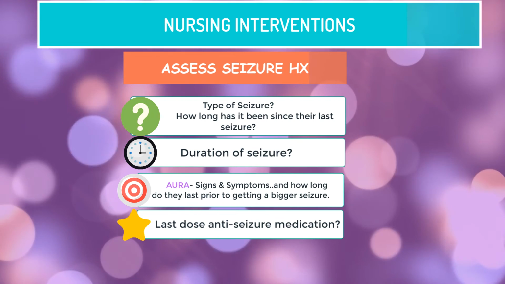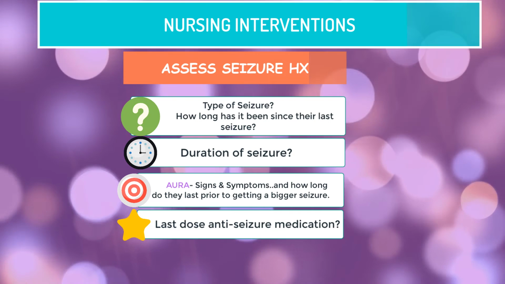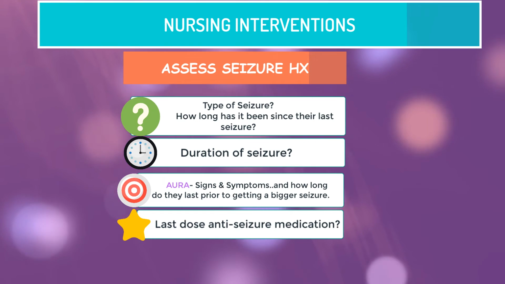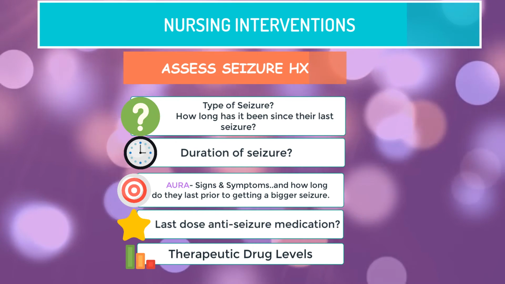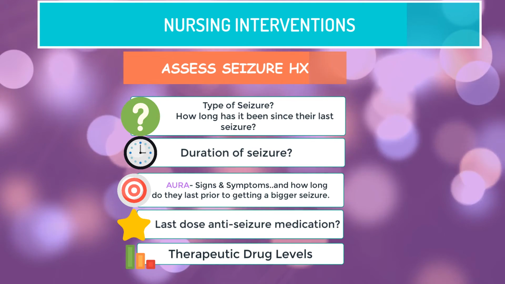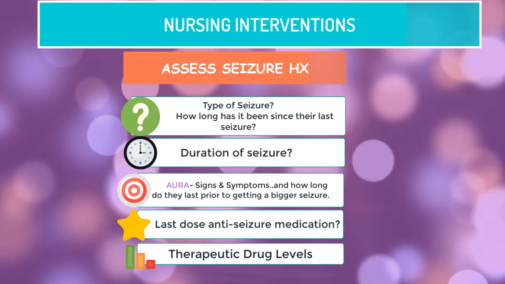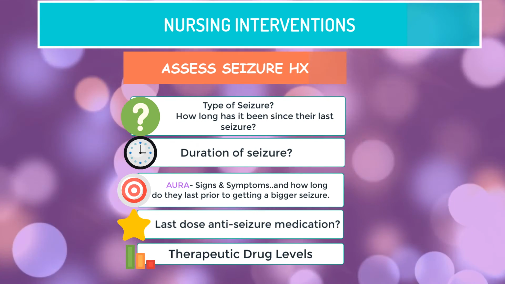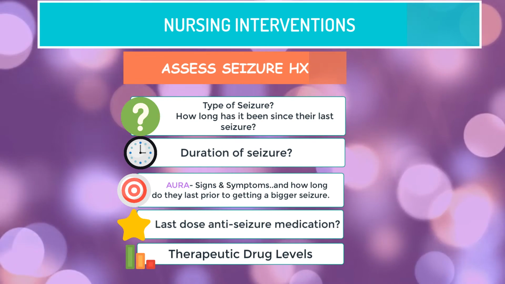When was the last dose of their anti-seizure medication? Because when they come in, you're going to do a medication history, so you want to note down when their last dose was, because you will be giving the medication. Your patients that have seizures are taking anti-seizure medications. Taking medications involves getting the right balance of the dose, seizure control, and side effects.